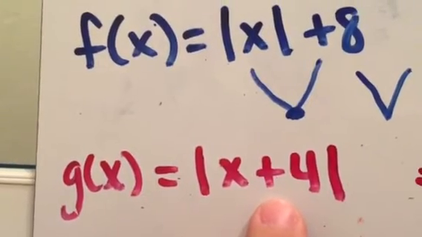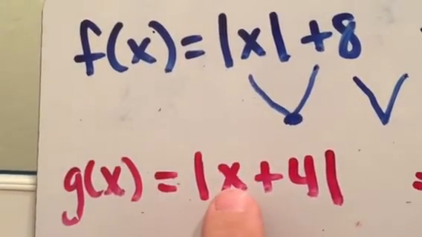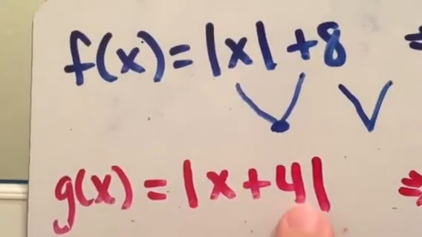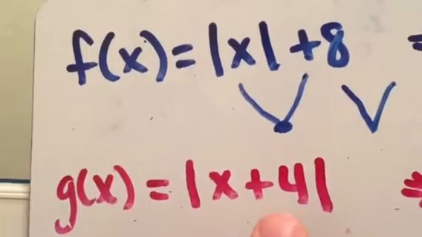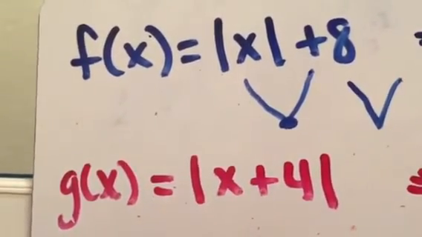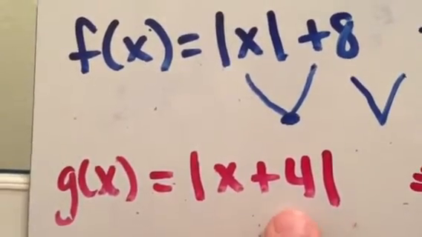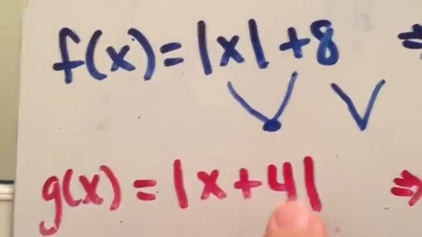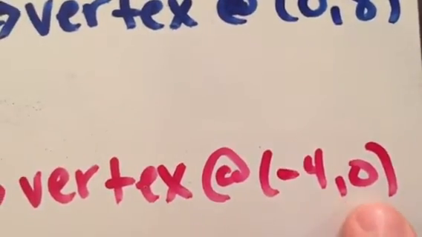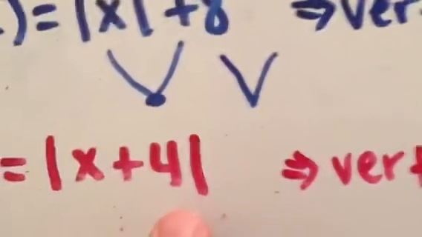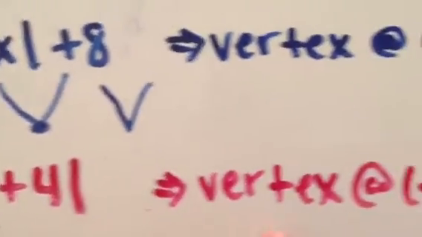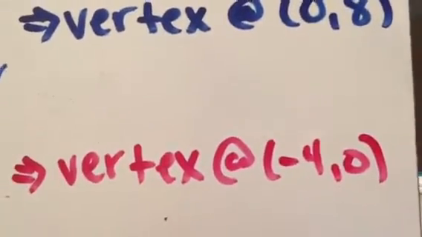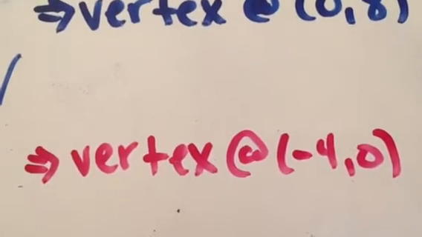If we remember yesterday, I told you that this says x plus 4, but it implies that we are shifting this graph to the left 4 units. So if I'm shifting this graph to the left 4 units, then in my vertex I represent that as -4, 0. The 0 came because I did not have anything outside this absolute value. So there's my vertex, -4, 0.